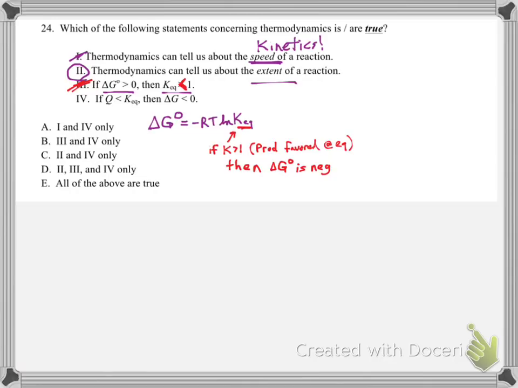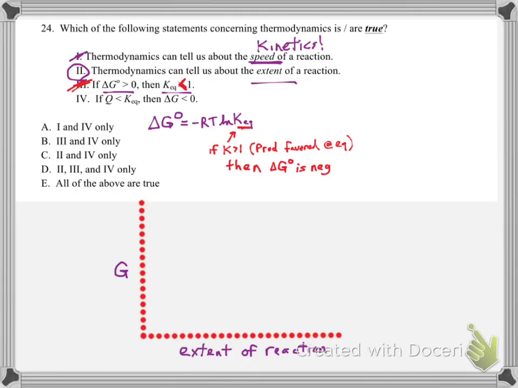If we want to picture a graph here, where we plot free energy on the y-axis and extent of reaction on the x-axis. So if delta G standard is positive, that means we're going from a lower free energy up to a higher free energy if you consider pure reactants over here and pure products over here.